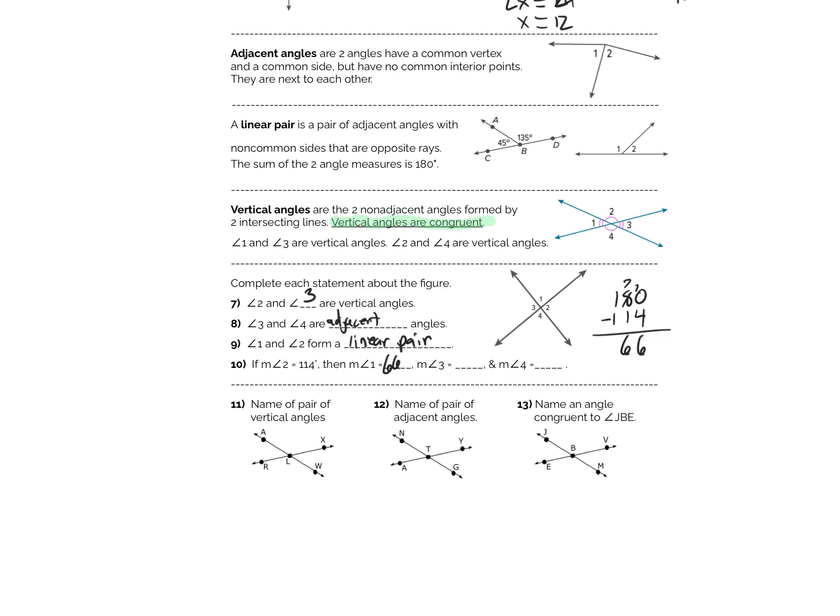That is how many degrees are in angle 1. Now, angle 3 I can figure just by knowing that vertical angles are congruent, because I already know angle 2, so angle 3 should be 114. And the measure of angle 4 is also vertical to angle 1, so that means it's 66 as well.